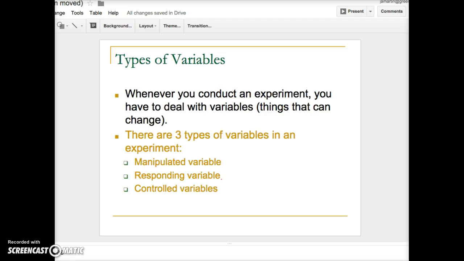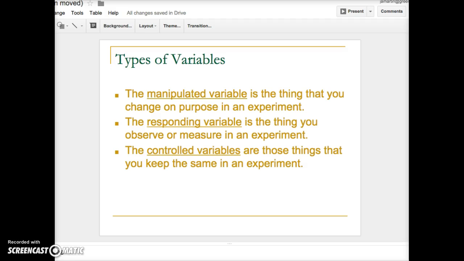And then finally, we have talked about 3 types of variables: manipulated variable, responding variable, and controlled variables. And we said a manipulated variable is the thing that you change on purpose. So in our example, Bill put one plant in the window and one plant in the closet.